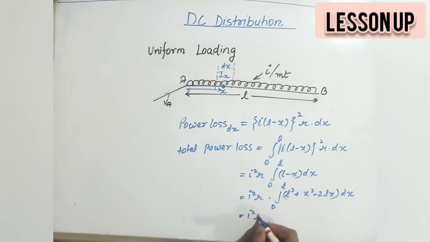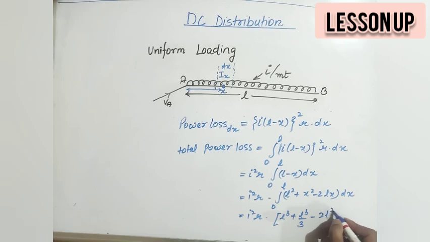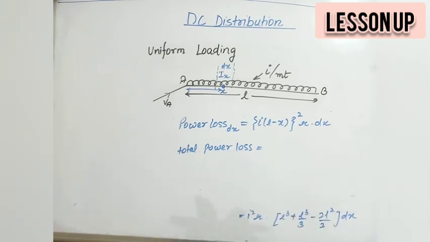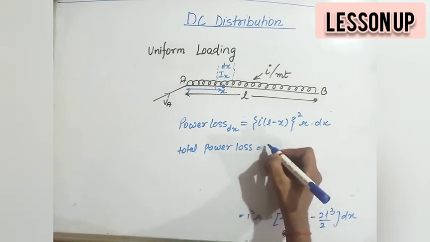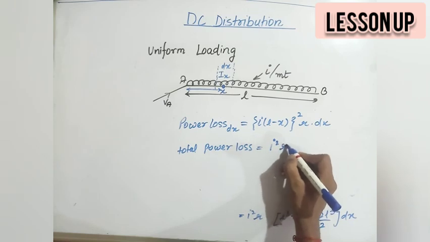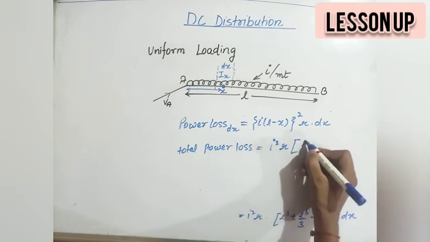I square R into L cube plus L cube by 3 minus 2L square by 2. So the power loss we will get will be I square R L cube by 3.